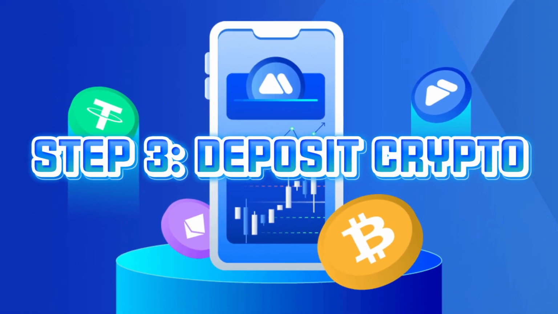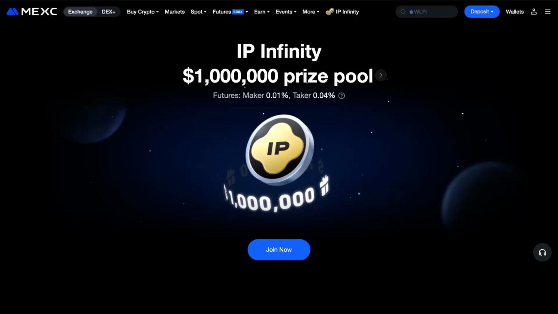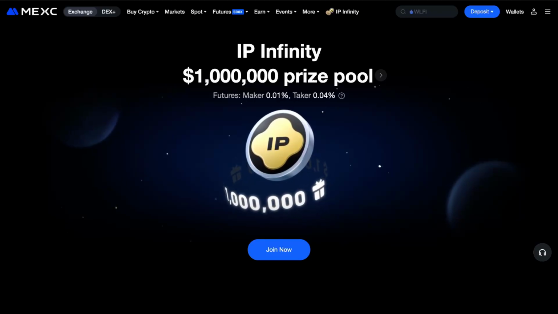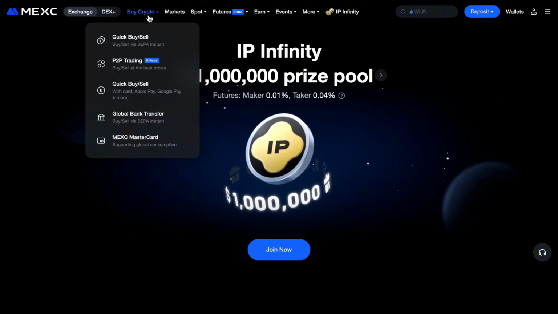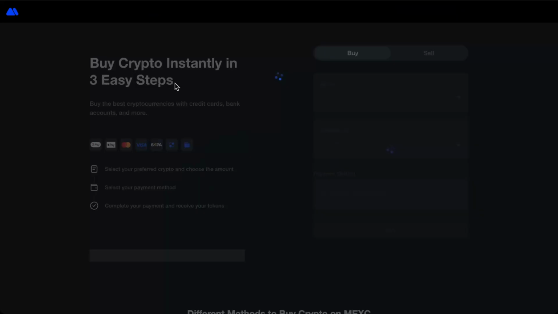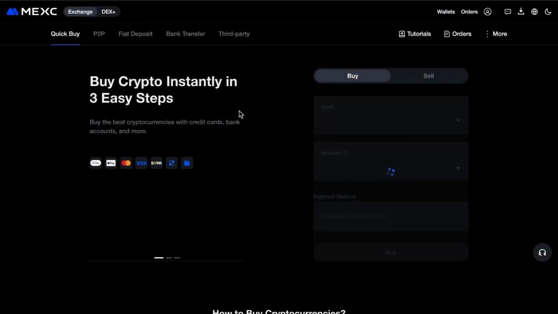Step 3: funding your account. Now that your account is secure, it's time to get money into it. And this is where MEXC gives you a lot of flexibility. The first option is the Buy Crypto tab.